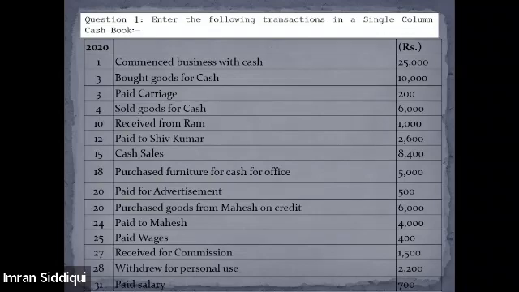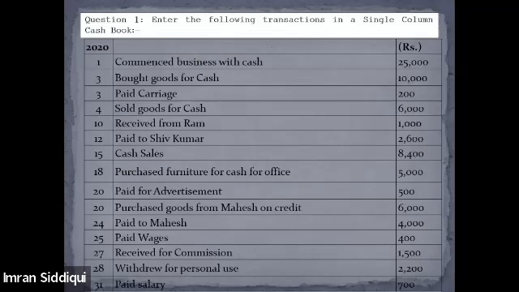Tell me on which side of the cash book I should record this transaction. On 20th, we have purchased goods from Mahesh on credit, 6,000. Tell me quickly. Sir, since it's a credit transaction, we won't record it. Yes, this is a credit transaction, and since it is not affecting the cash flow in any manner, therefore it should not be recorded in the cash book.